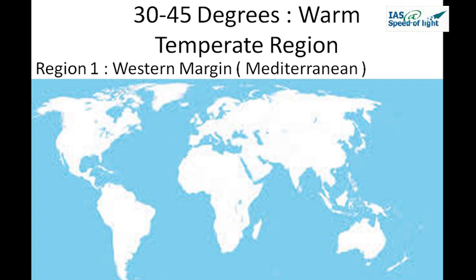After that, from 10 degrees north and south, we move further to 10 to 30 degrees north and south, and that region we call the tropical region. In that tropical region, we started with the monsoon lands, where we see the complete reversal of winds with the change in seasons, like in India.